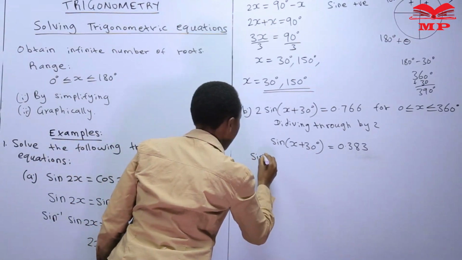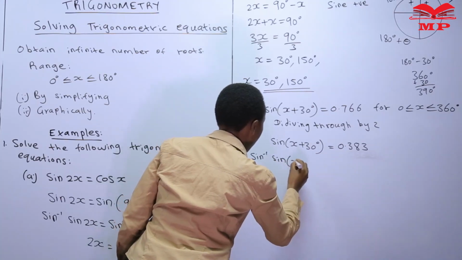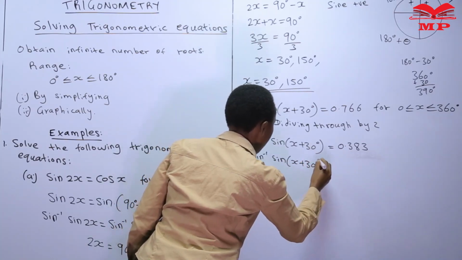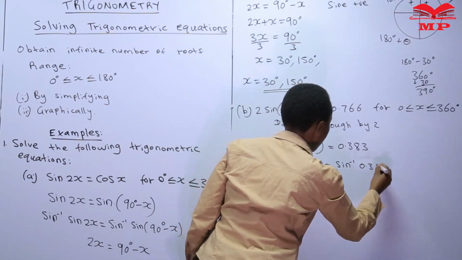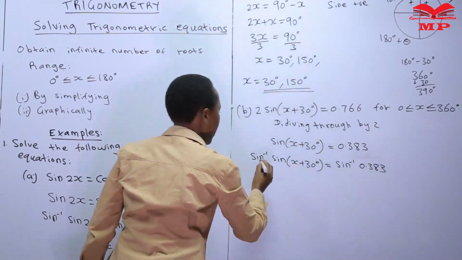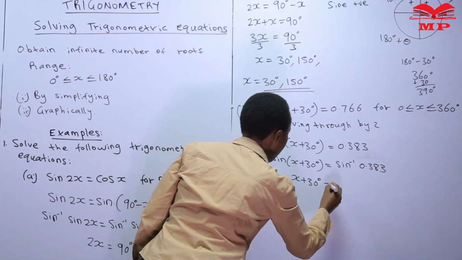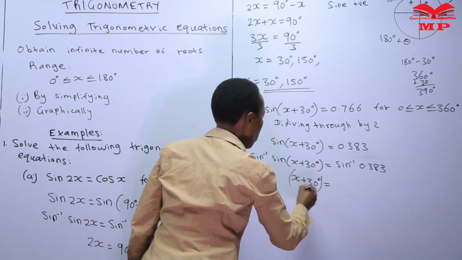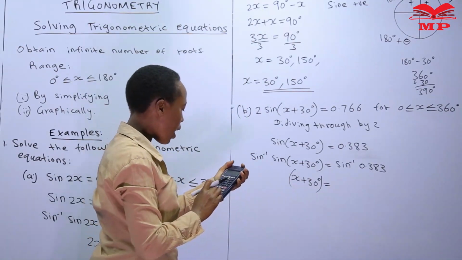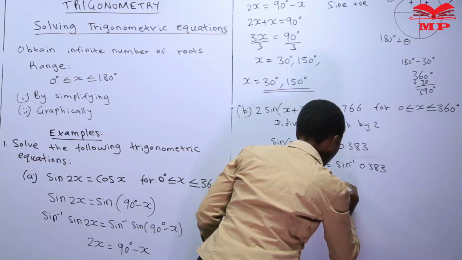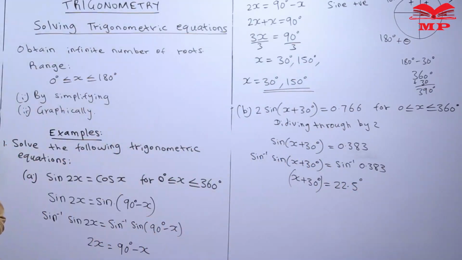So we get the sine inverse of sine (x plus 30 degrees), which is equal to the sine inverse of 0.383. In this case, we end up getting x plus 30 degrees is equal to the shift sine of that answer, which is 22.5 degrees.